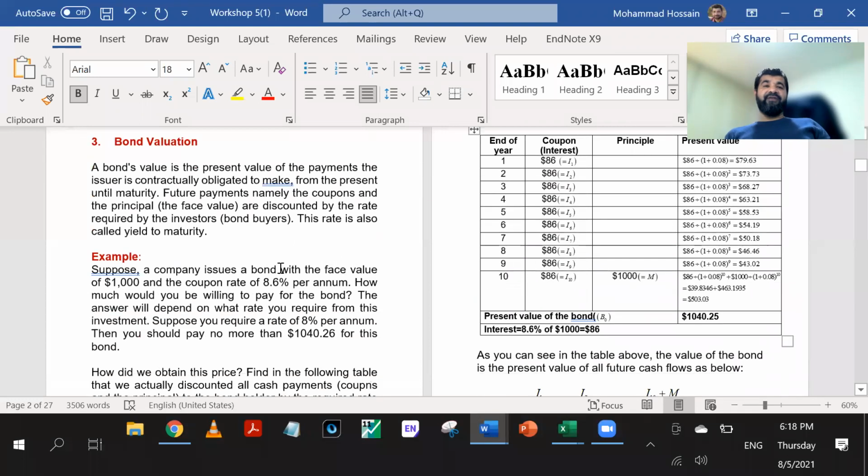Now, bond valuation. How do you value a bond? A bond's value is the present value of payments the issuer is contractually obligated to make from the present until maturity.